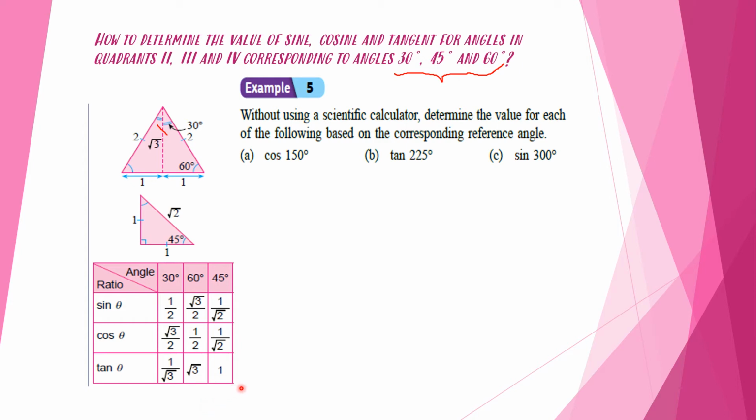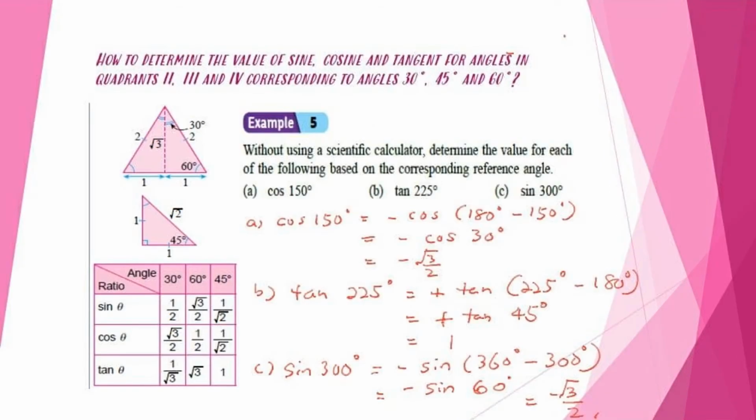When you know this, you can determine the value for each of the following based on the corresponding reference angle without using a scientific calculator, based on the knowledge that you just learned. Okay, now we look at cos 150. Cos 150 in this case is equal to negative cos 180 minus 150.